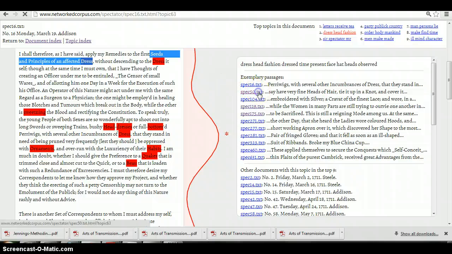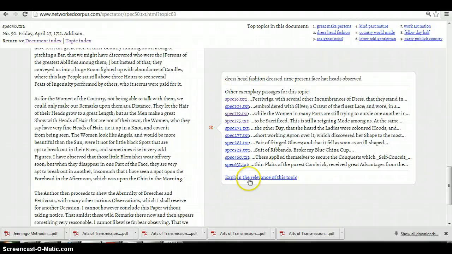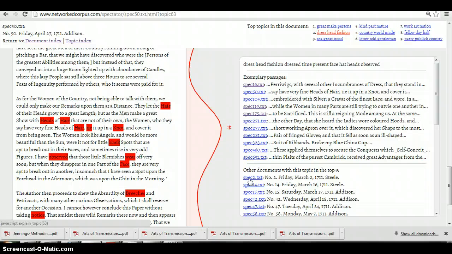If we jump to another one, Spectator 50, I think we have another instance with a very different context. A letter describing Indian women who wear their hair differently and have black spots on their faces.